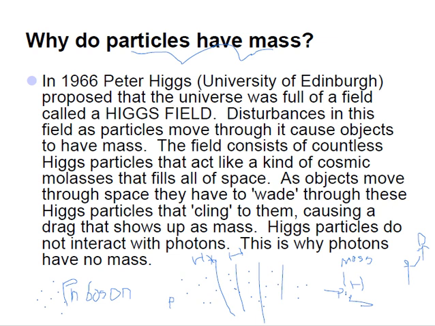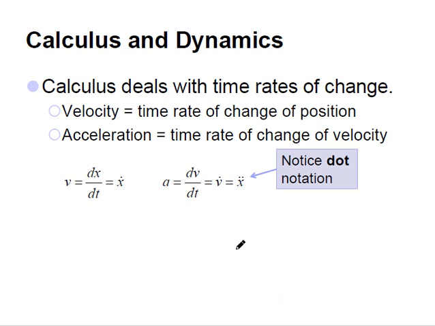So this is just trying to tell you why we use calculus in dynamics. The role of calculus in dynamics is very huge, because every time you think about calculus, you're thinking about the rate, the time rate of change. Everything is over time.